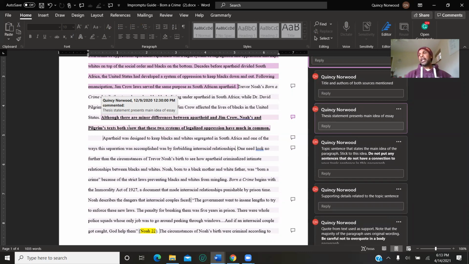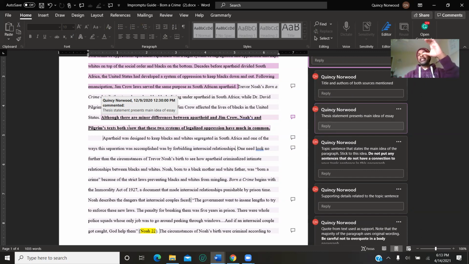An alternating pattern is this. Whatever you talk about for one source, follow it up in the next paragraph where you're talking about the same idea just from a different source. For example, if you're talking about how apartheid prevented interracial relationships in one paragraph, follow that up in the very next paragraph by talking about how Jim Crow did the same thing in the United States.